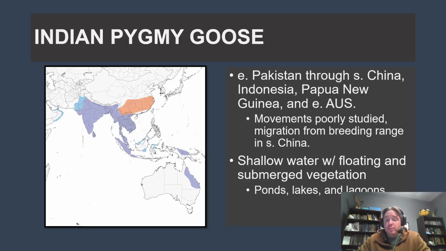They prefer shallow water with floating and submerged vegetation, so shallow ponds and lakes and even lagoons. They are rarely seen in marshes and swamps, slow rivers, rice paddies, mangrove swamps, places like that, and are known to occasionally be abundant on deeper lakes when those deeper lakes have marshy edges with that sort of emergent vegetative quality of a marsh.